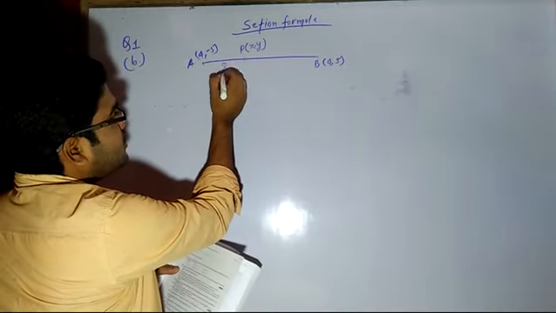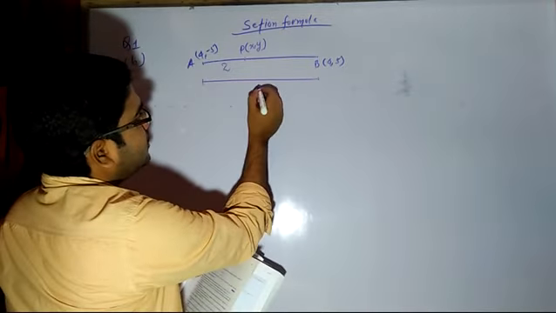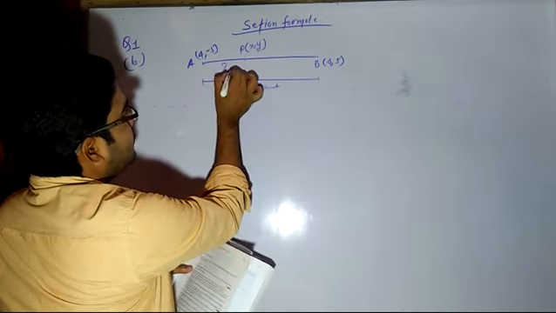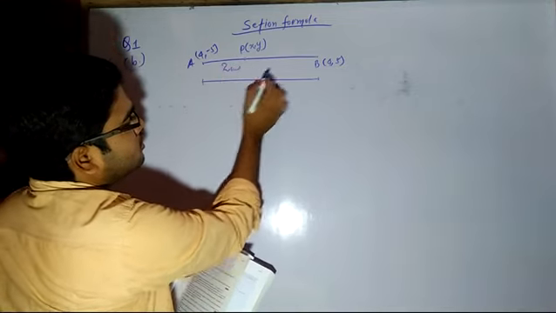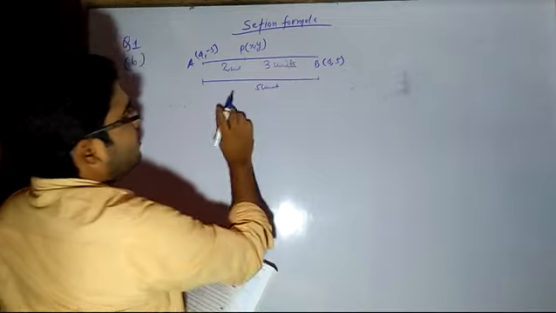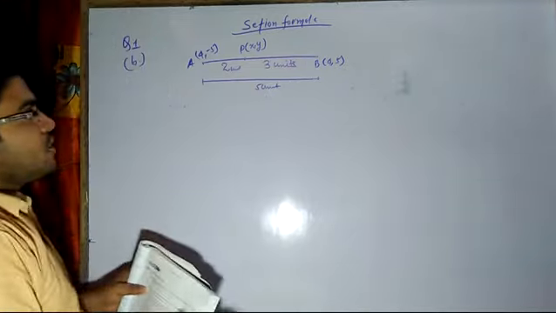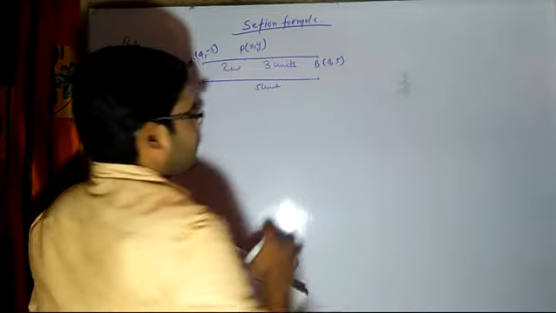That means AP is equal to 2 units and the whole length is 5 units. If it is 2 units, then it is 5 units, so the remaining part PB will be equal to 3 units. 2 units plus 3 units, the whole length will be equal to 5 units. So this is my line.